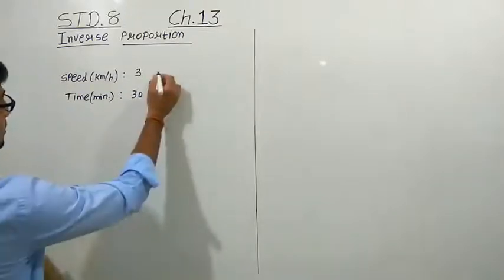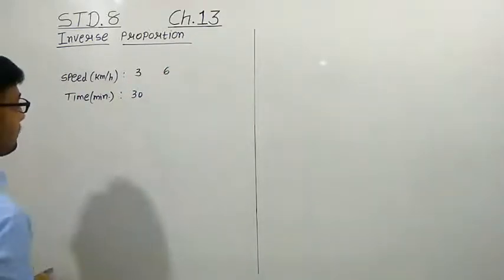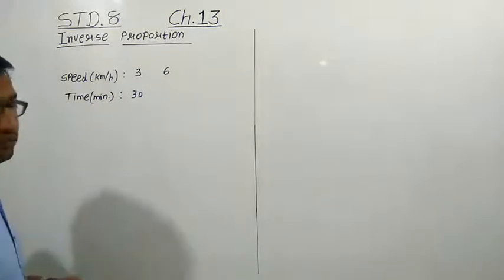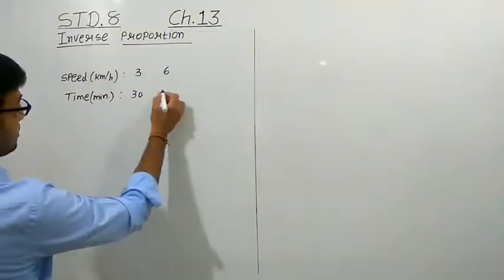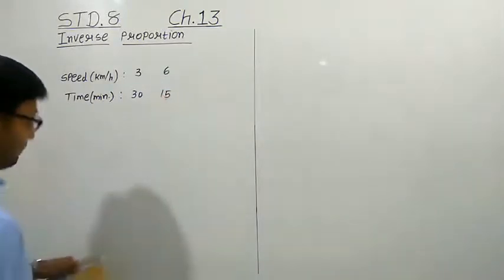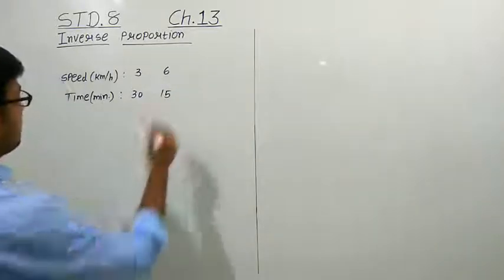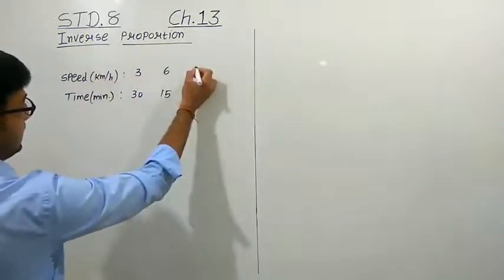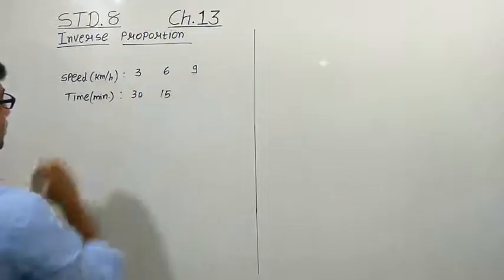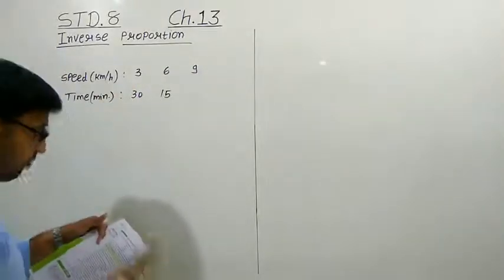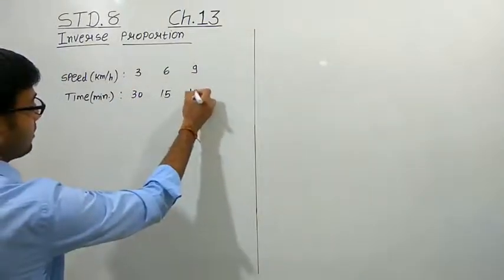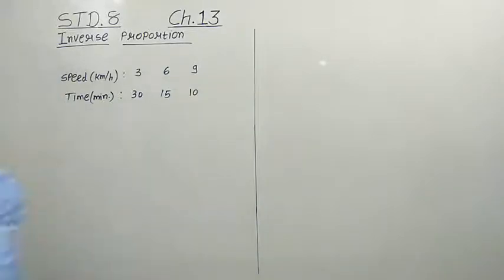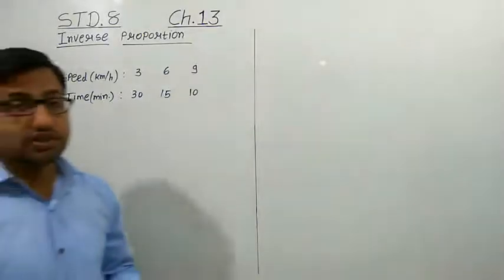Now if the speed is increased, obviously the time taken is decreased. It will be 15 minutes. Now as the speed is again increased, now it is 9 kilometer per hour, then the time taken will become 10 minutes. So here we have taken three different cases.